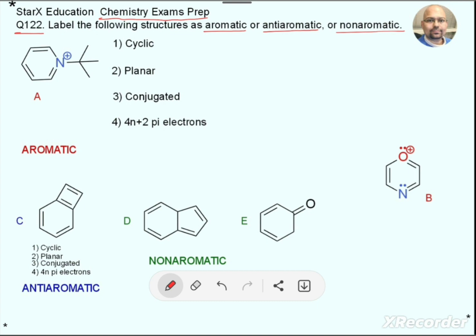So let's quickly review the four conditions that are needed for a compound to be classified as an aromatic compound. The first thing is that we need to see if the compound is cyclic. What it means is that there must be a closed loop of atoms.